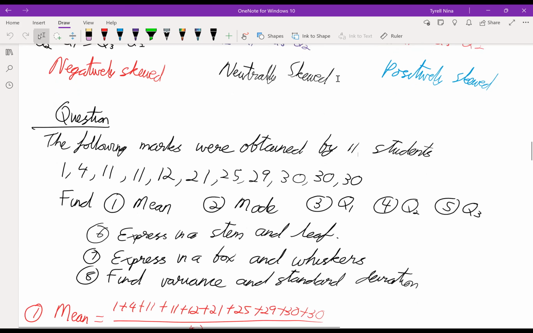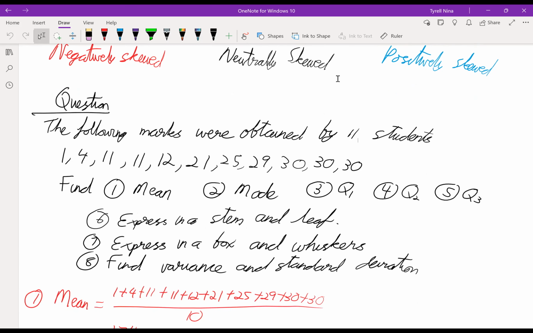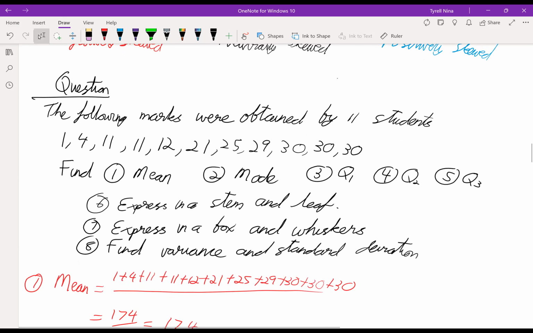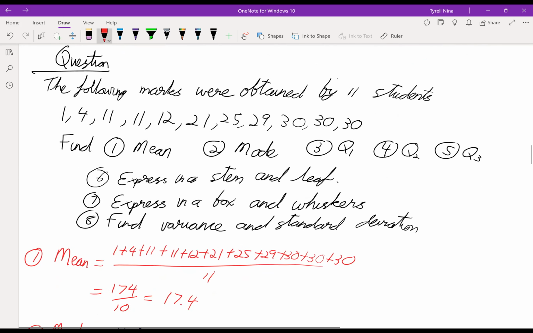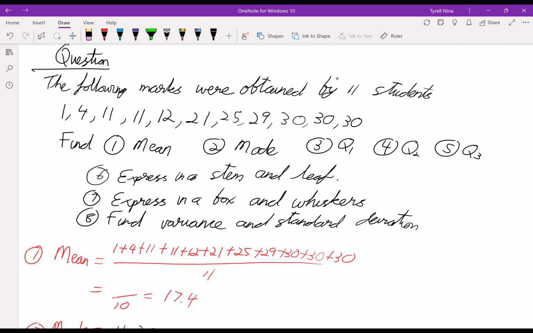All right, so the first thing, the mean. Let me add over the values. We want to be nice, so that is 204 over 11.